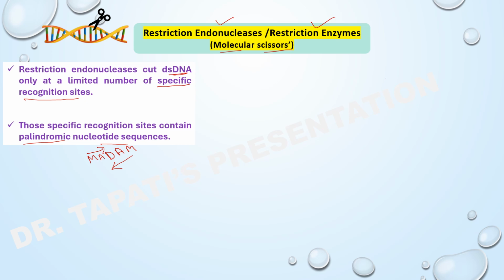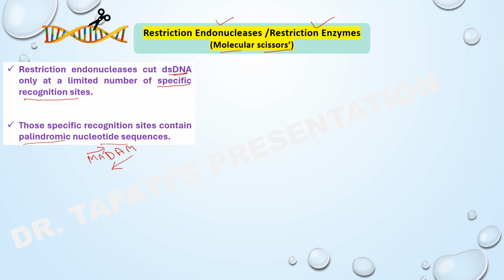In my last slide, we saw that DNase cuts double-stranded DNA but shows non-specific activity. Therefore, it attacks DNA at any internal phosphodiester bond. Whereas restriction endonucleases bind to a specific recognition sequence of the DNA and cut the two strands at specific points.